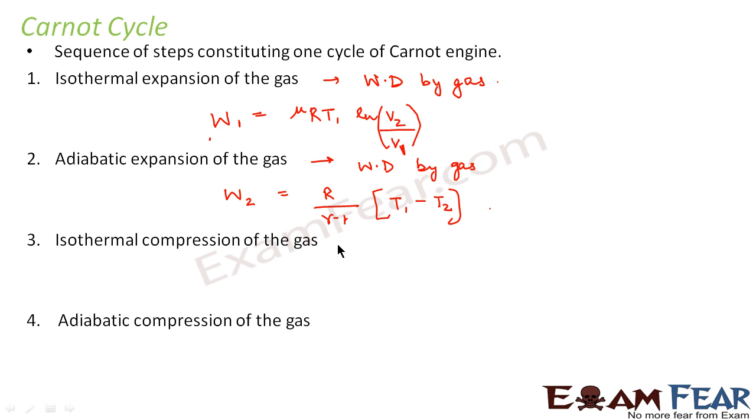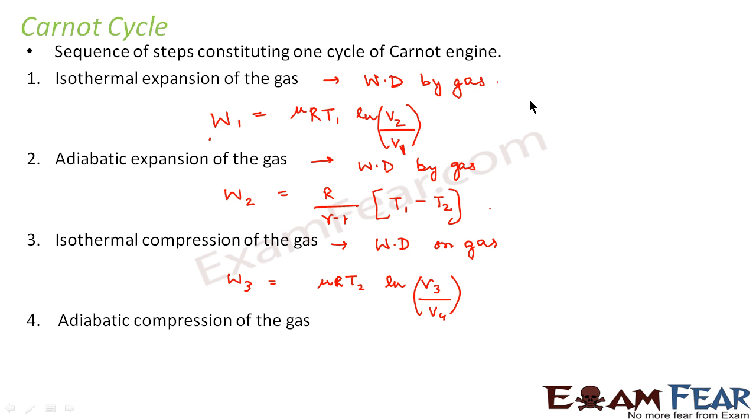Now during isothermal compression, work is done on the gas because in this case, heat is released by the gas, right? So work is done on the gas. So in this case, W3 will become mu R T2 ln V3 by V4, right?